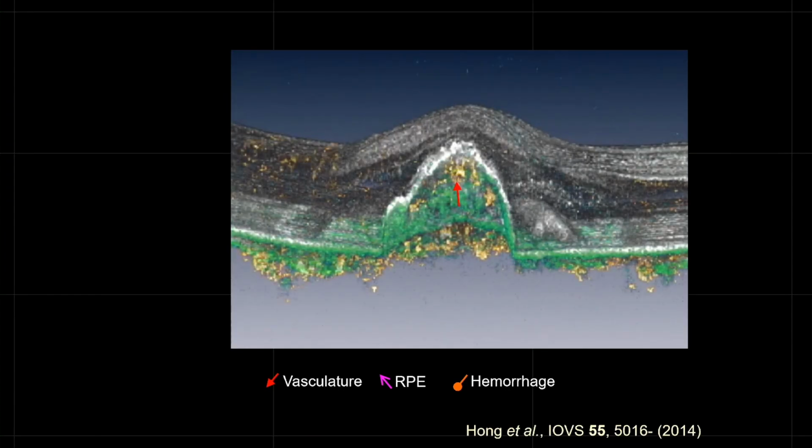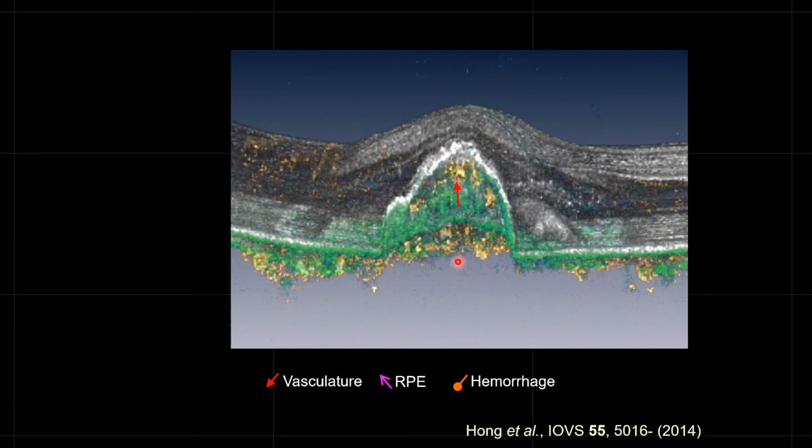Here is the three-dimensional reconstruction of this case. It's a fly-through on a three-dimensional volume rendering. Evidently, you can see a dome-shaped elevation of the retinal pigment epithelium. Here, the grayscale particles represent the scattering property of the tissue. It's a standard OCT.